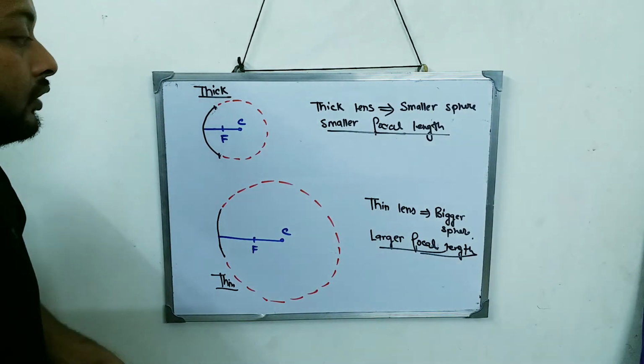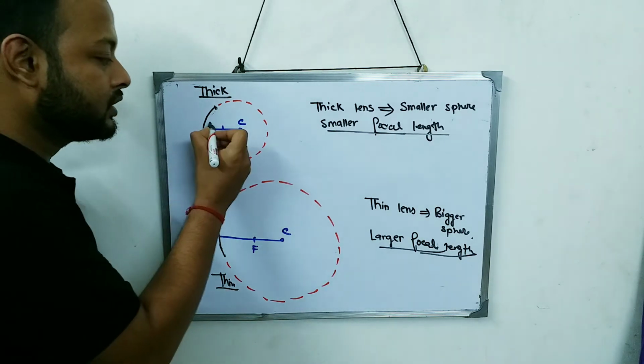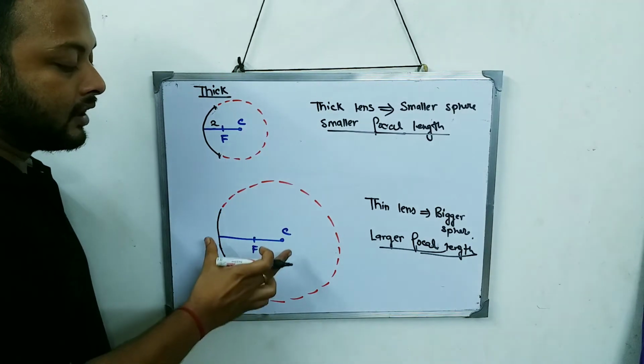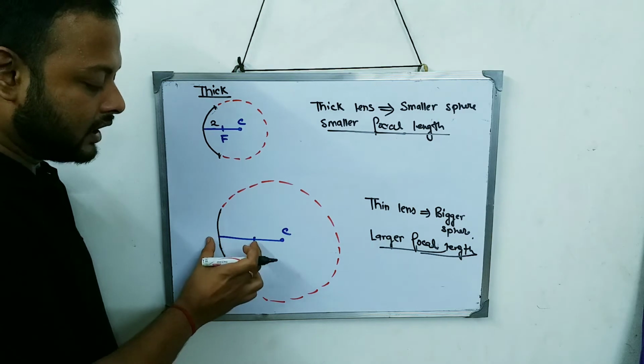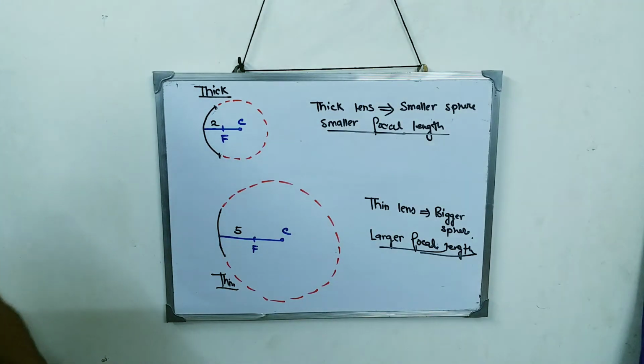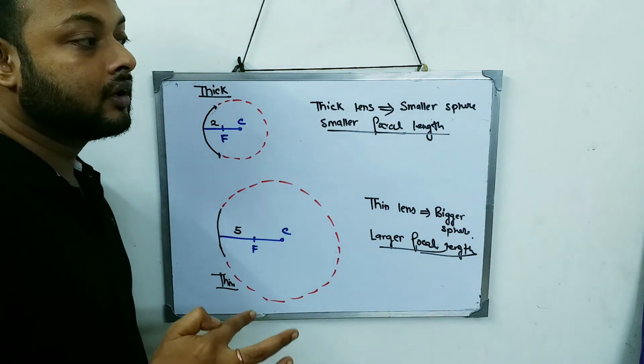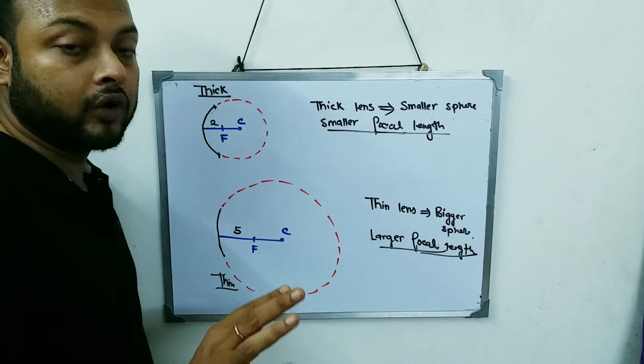So smaller radius of curvature, smaller focus. Suppose this is only 2 centimeter, and larger radius of curvature, larger focus. Suppose this is 5 centimeter. So you got the idea.